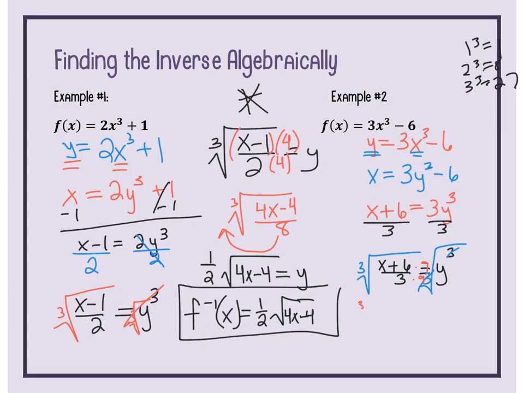And I know I'm running out of room. My apologies. So 9x plus 54 over 27. What is the cube root of 27? The answer is 1/3. And then 9x plus 54 stays under your radical.